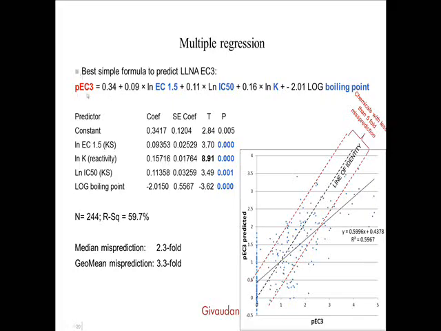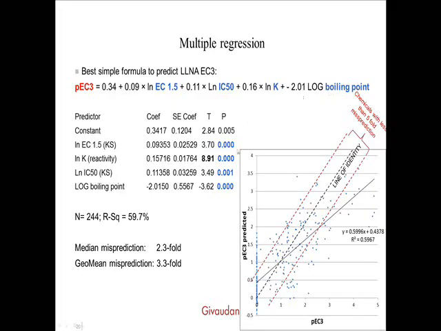So basically we calculated a simple formula for the predicted EC3 value, the logarithmic one, and here you see the parameters which contribute to this formula. We have EC1.5 from carotenosense, we have the cytotoxicity from carotenosense, we have the rate constant from the peptide reactivity assessment, and here we also have the boiling point.